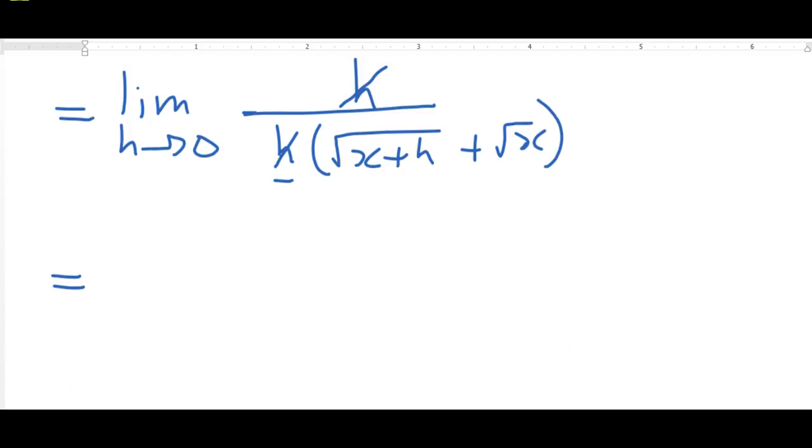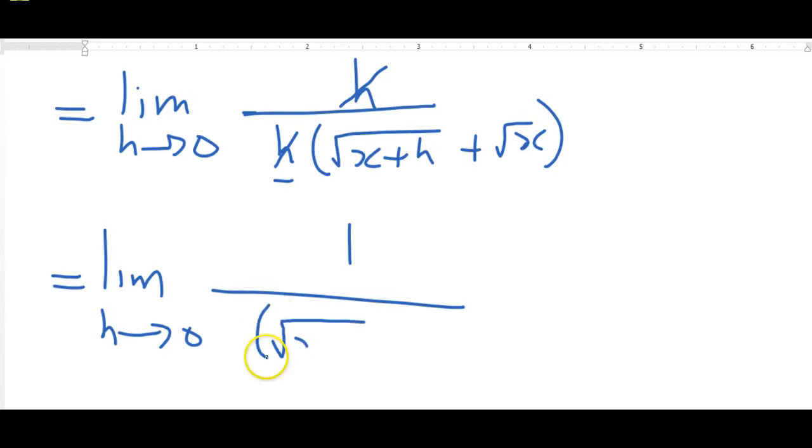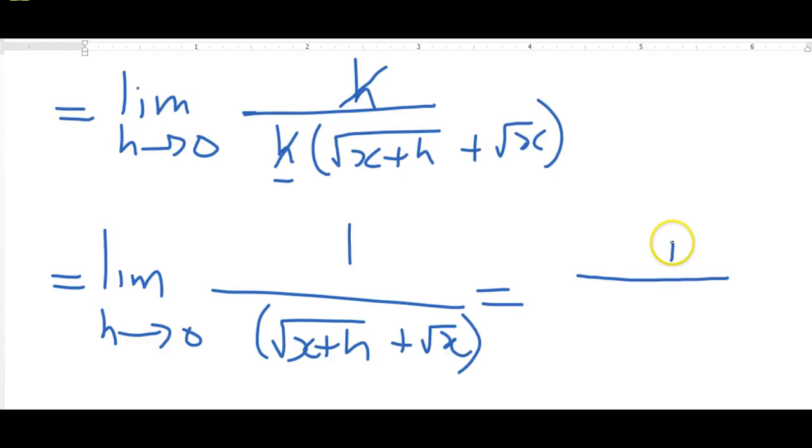So the limit as... okay, now when we take the limit from here as h approaches 0, whatever we see h, we can substitute 0, and that will give us 1 on root of x plus root of x.